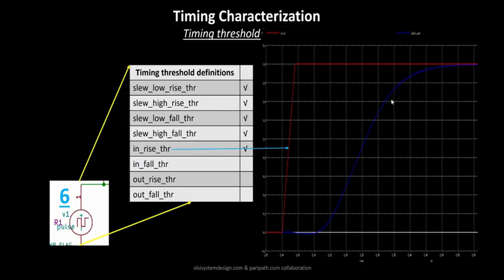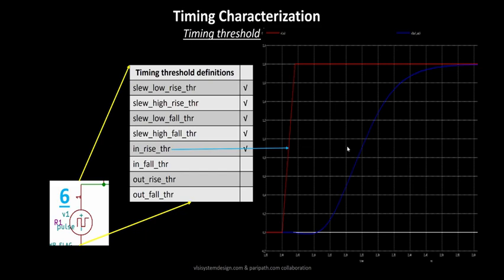Those points could be this point, or this and this, or this and this. This becomes the best point that is defined in order to calculate the delay, and points taken across this waveform or across this waveform are also possible. But in this case, we'll take the 50% point of this particular slew waveform. So 50% lies somewhere over here. That's what you call the in rise threshold.